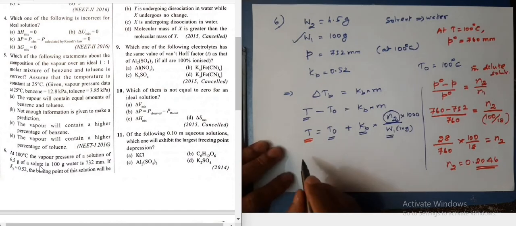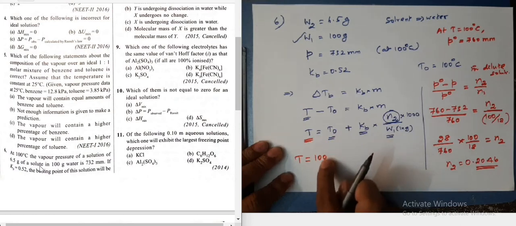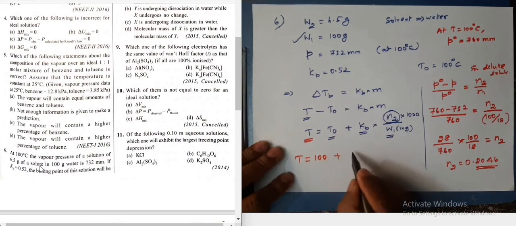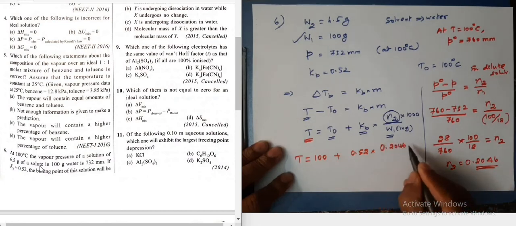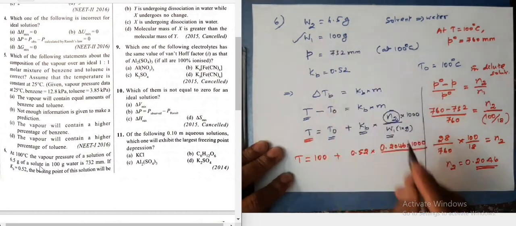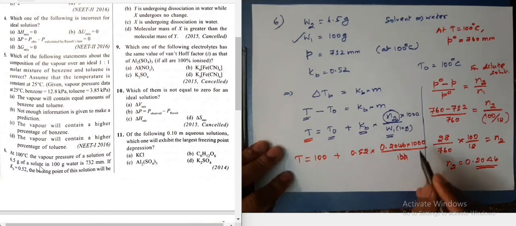Okay, so now what is T? T equals T naught, which is 100 degrees, the boiling point of pure water, plus Kb, which is given as 0.52, into the number of moles of solute, which is 0.2046, into 1000 divided by the weight of solvent, which is given in grams. Two zeros you can cancel.